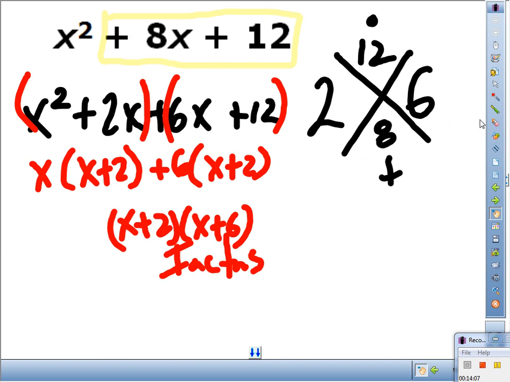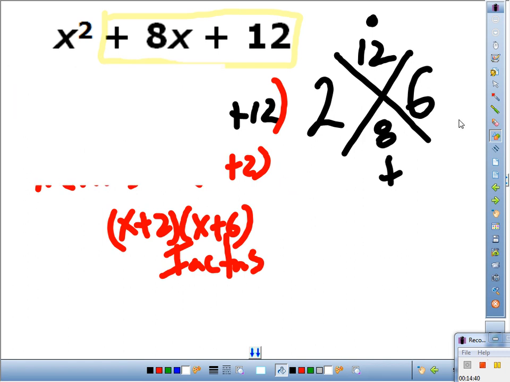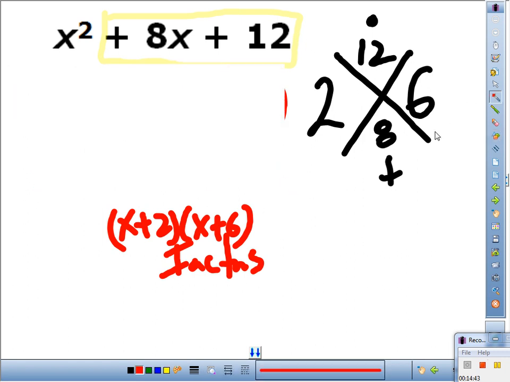Let's say I didn't use this method, and I went from here to here. There it goes again. Here goes another.